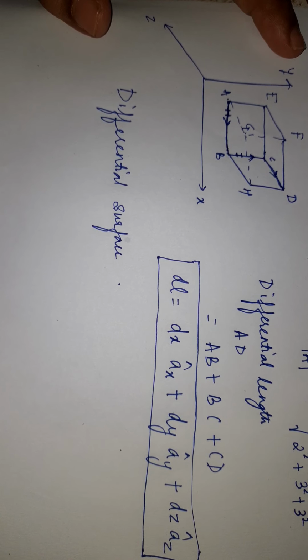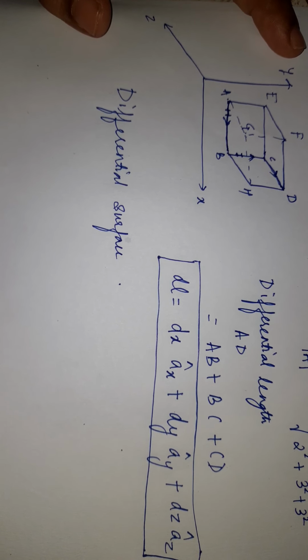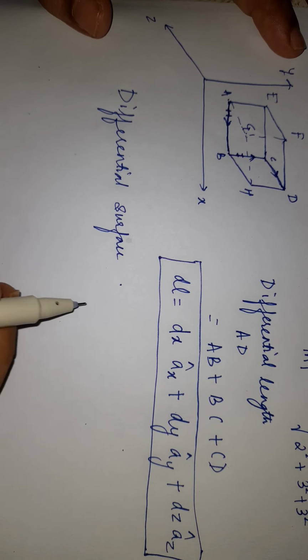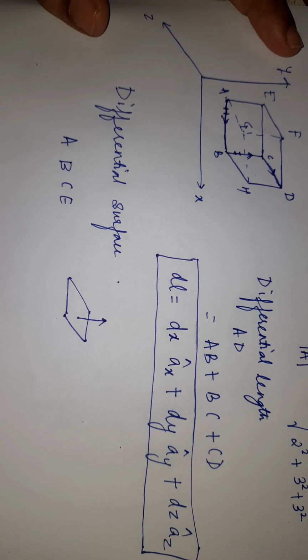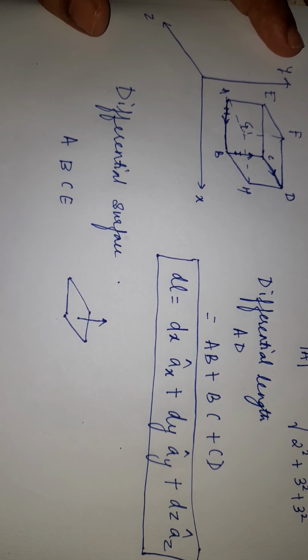Another thing about a surface is, what will be its direction? Any surface you are given, its direction as a general convention is taken perpendicular to that surface. So if I choose the A, B, C, E surface, that is the front face of this cuboid, you can see it's moving outside in the Z direction. So I'll say its direction is Z, and what will be the area?